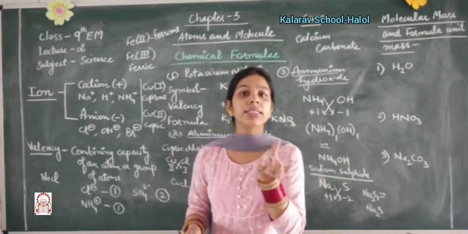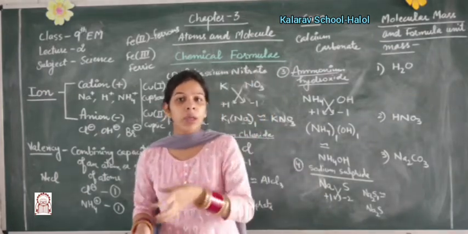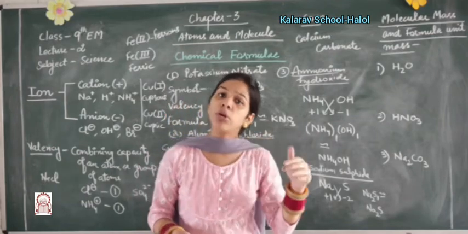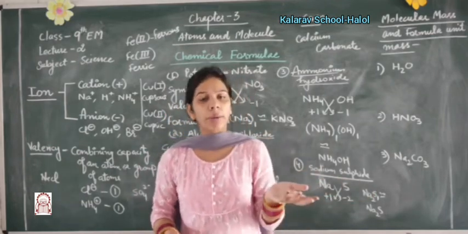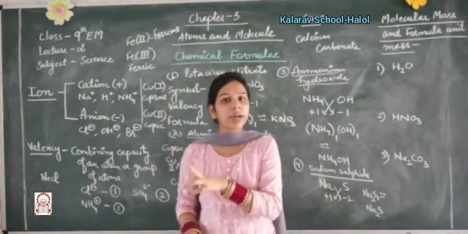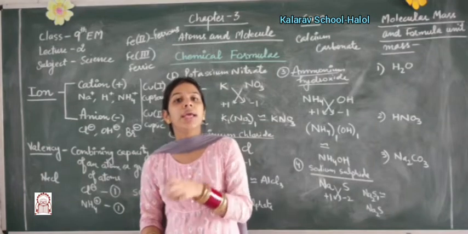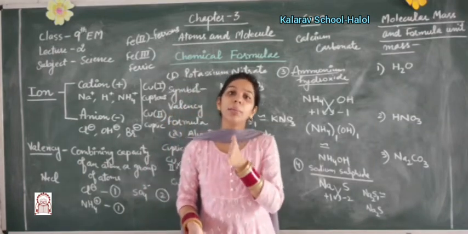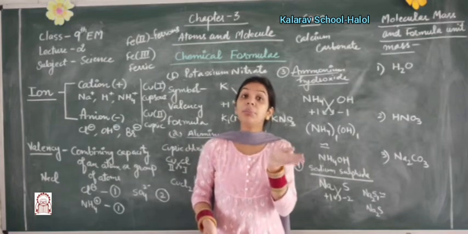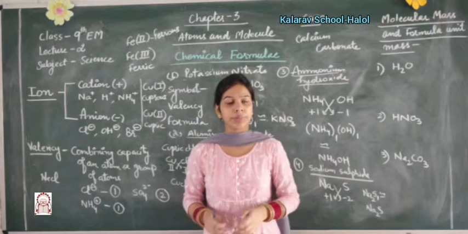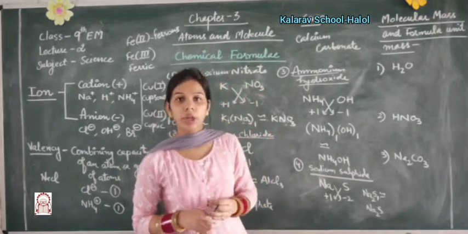It is the sum total of the masses of the atoms in a formula unit. So the sum of the masses of different atoms in a molecule is called molecular mass, and the sum of the masses of the atoms in a formula unit is the formula unit mass.